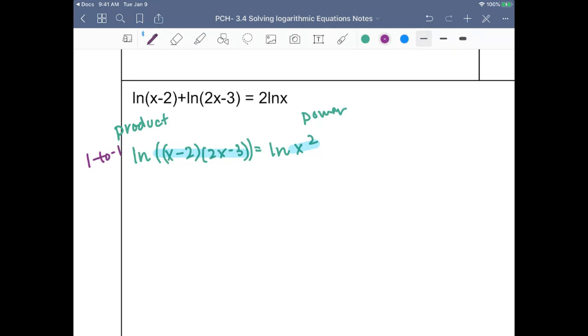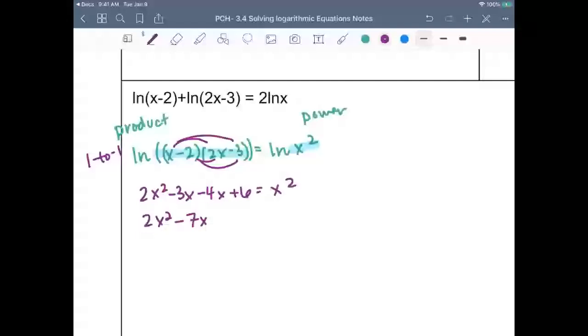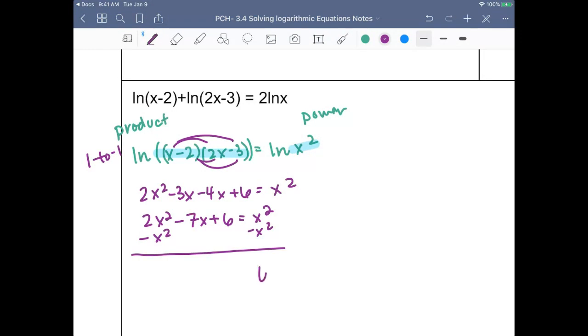Okay, so I'm going to go ahead and multiply these out. That's 2x squared minus 3x minus 4x plus 6 is equal to x squared, which is 2x squared minus 7x plus 6 is equal to x squared. Let's subtract x squared to get a 0.